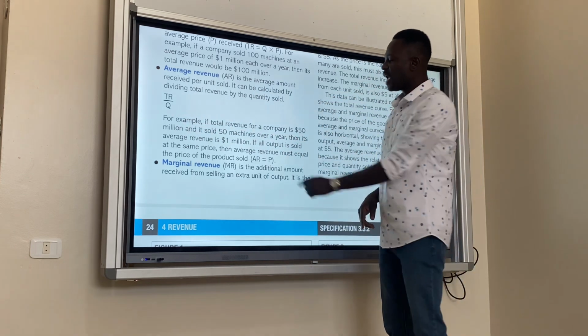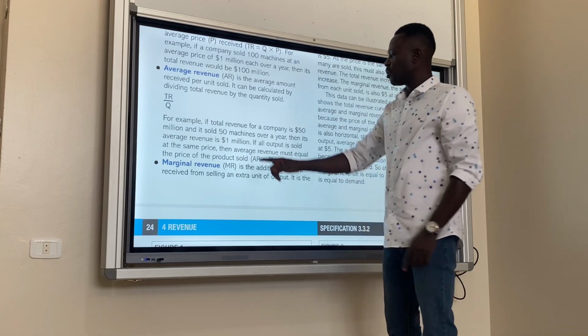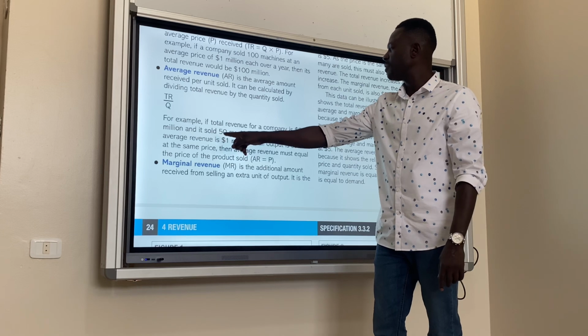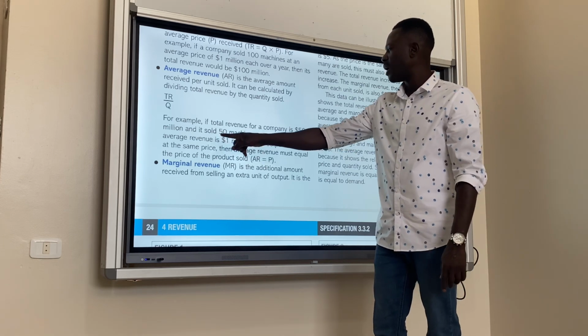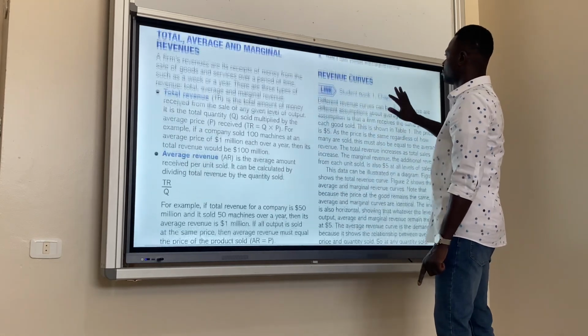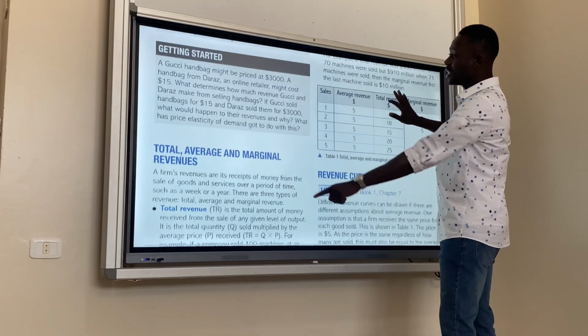That's why they said AR must be equal to price. So here we have 50 machines sold, so that means it will be $50 million divided by 50. So that is about average revenue.